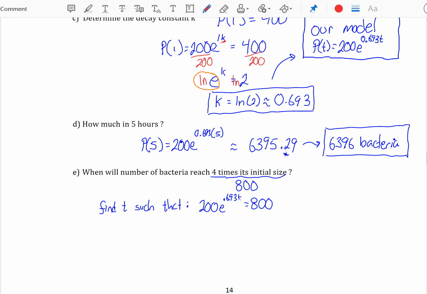So let's solve for t by dividing both sides by 200, so that we have e to the 0.693t is equal to 4.